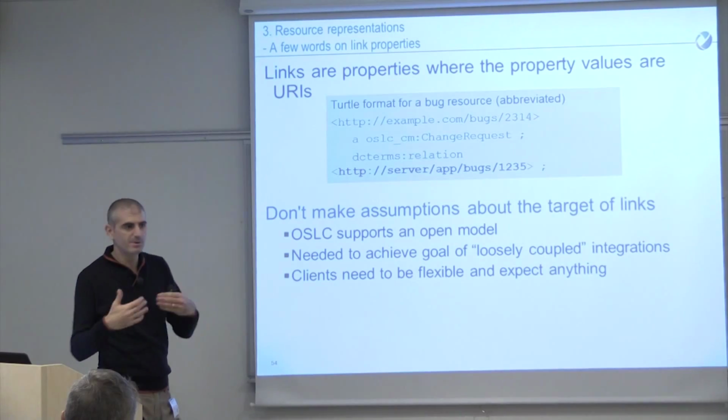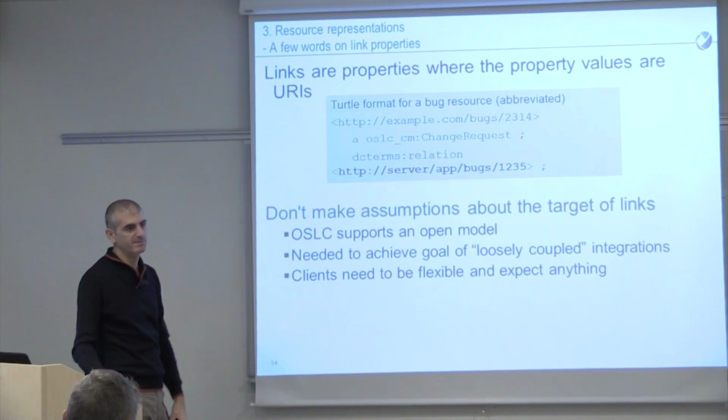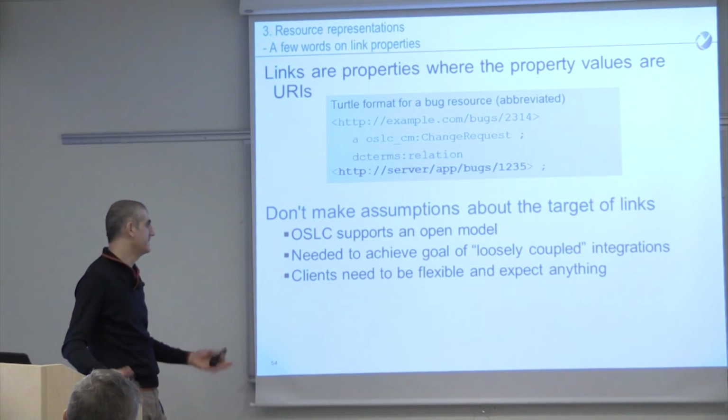So the client should be prepared for this kind of flexibility, that you're not pointing to something predefined. Again, it's not like in the object model where you say this property is of this type. It's more of a recommendation, but you should be tolerant to changes in that. That's because all the tools could vary, and you need to somehow manage that sort of variation. So that's a recommendation they have.